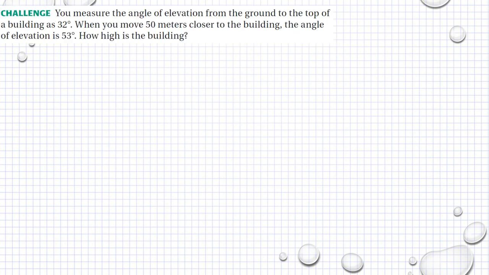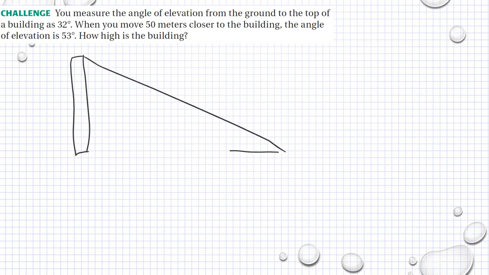Okay, another. You measure the angle of elevation from the ground to the top of a building is 32 degrees. So we have a building here, and to the ground we say 32 degrees.